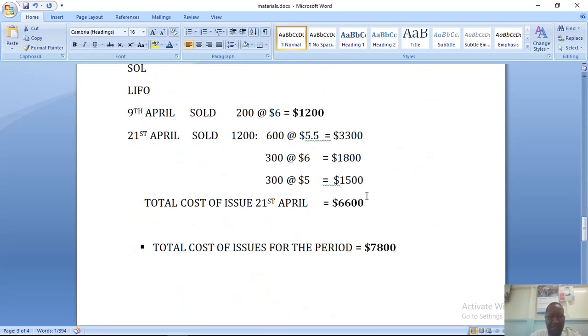So the value of closing inventory will be equal to the remaining 700 units at $5 per unit. 700 units at $5 per unit will give us $3,500.